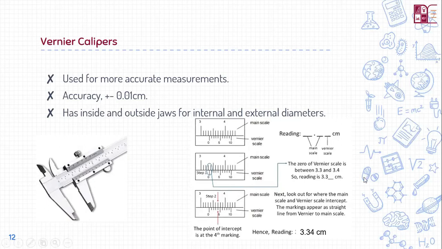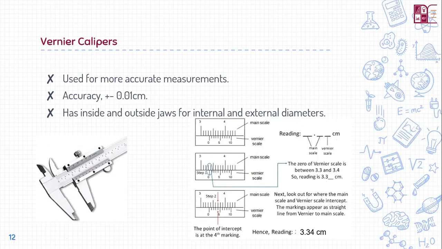So the reading is 3.3, and the second decimal place we're going to find out from the vernier scale. We're going to see where these two lines on the main and the vernier scale match. These lines don't match, these lines don't match, these don't match, these don't match. It matches at the fourth marking. So 0.04 centimeters, we're just going to add in 3.3, and your final reading would be 3.34.